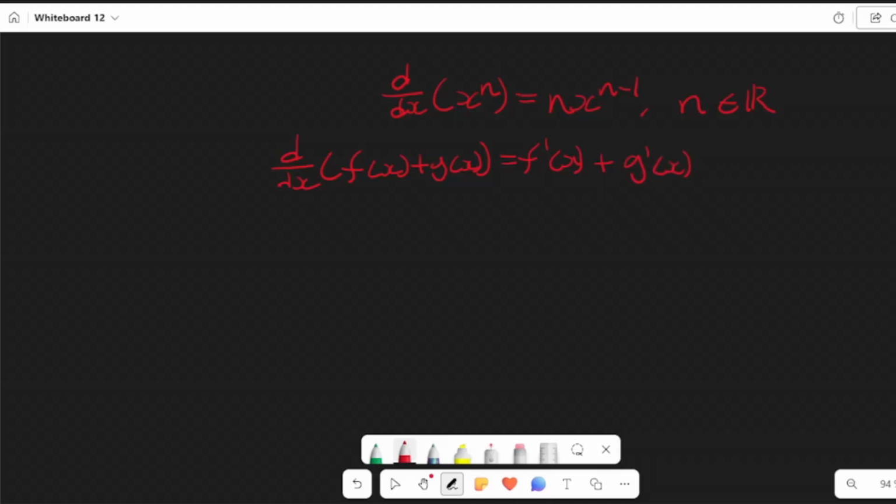The reason for this is that when we derive f of x plus g of x and use the definition of a derivative, you'll notice that you get two limits that are added together. But two limits added together, for which we have pretty much the same limit, we can essentially just fuse into one, and as such, this property will hold.